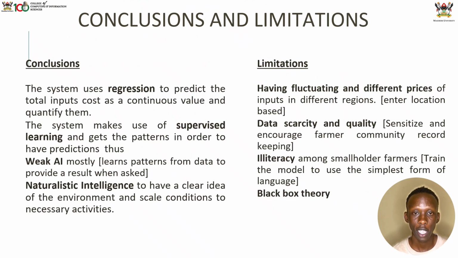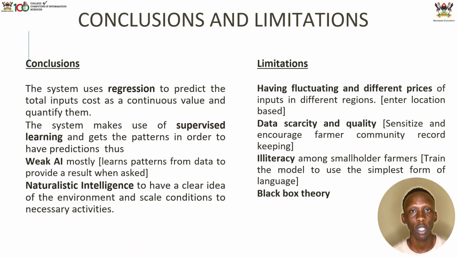The system basically is using regression, to predict the inputs and get a continuous value. So it's following patterns from very many factors. You can say rainfall, soil fertility, and weather, basically to give you the most accurate results we can get from it. So, using supervised learning, it is learning from labeled data, which we have been training it with.